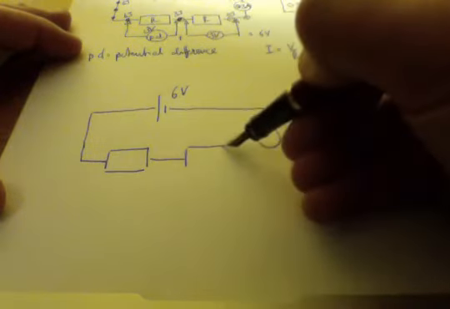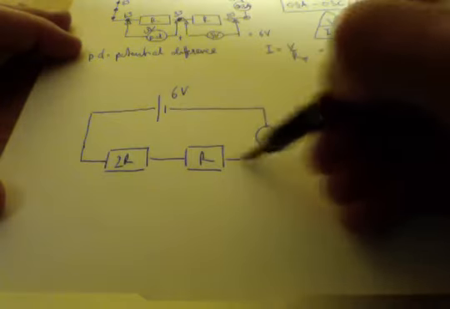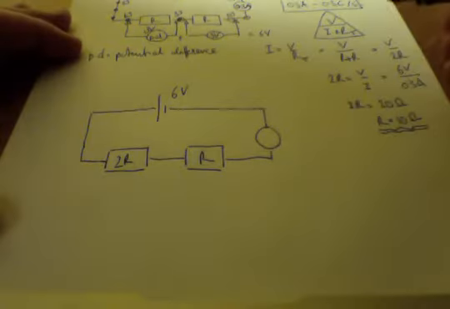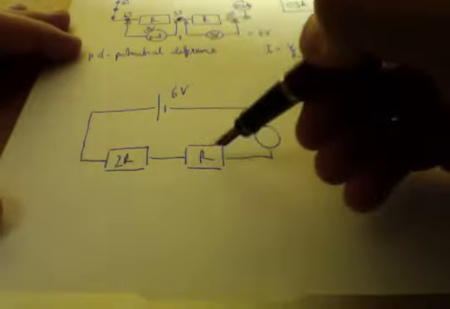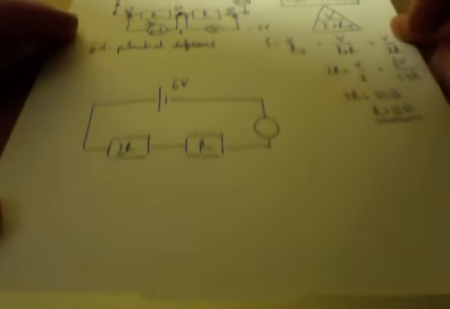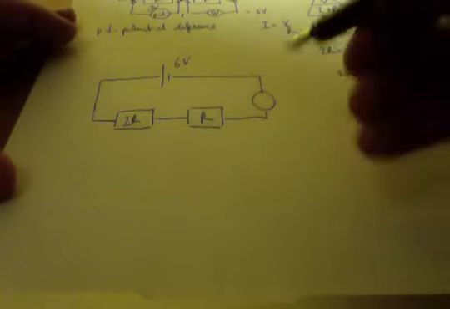I'm now going to make one resistor twice as resistive as the other one. And now we're going to try and work out what the potential difference is across each of these by one of two methods. Let's just write down the methods to start.